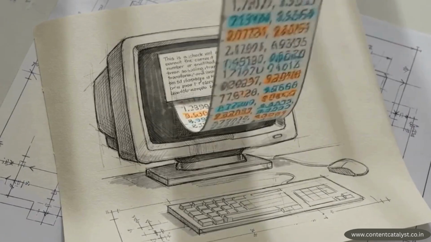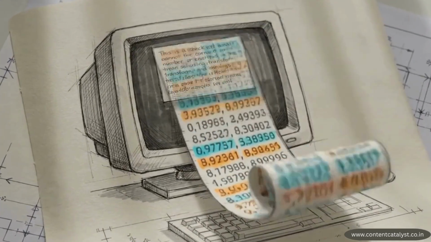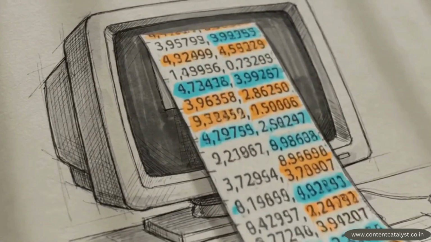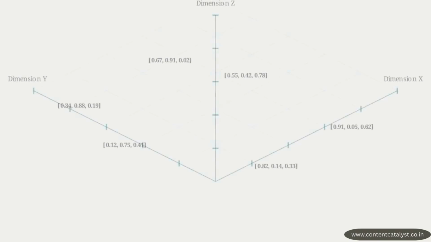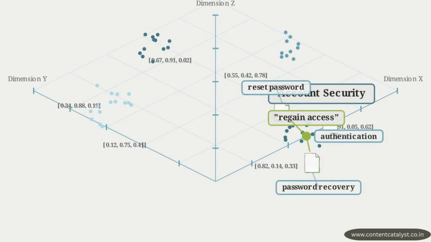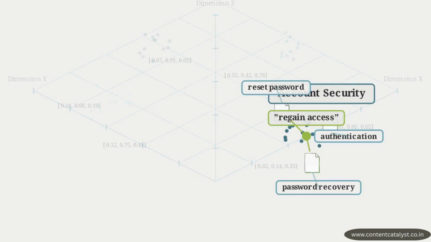An embedding model processes chunks of text and translates them into lists of numbers, mapping their conceptual meaning rather than their spelling. This 3D coordinate plane maps these numbers into a multidimensional space. The query, regain access, drops into this space and immediately gravitates toward a cluster of related concepts, like account recovery and reset password, bypassing the need for exact text overlap.